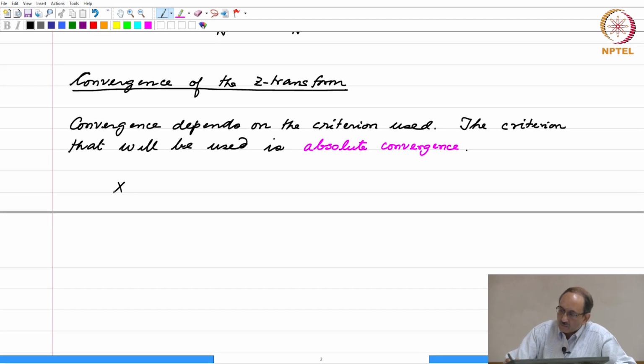Therefore, X of z is defined as the sum over n going from minus infinity to plus infinity of x of n z to the minus n.